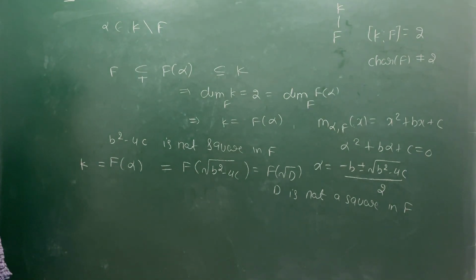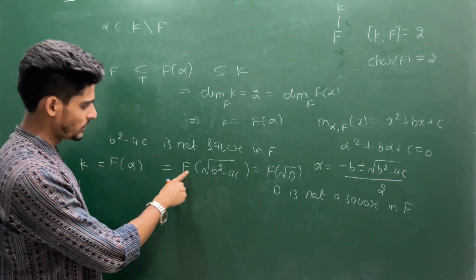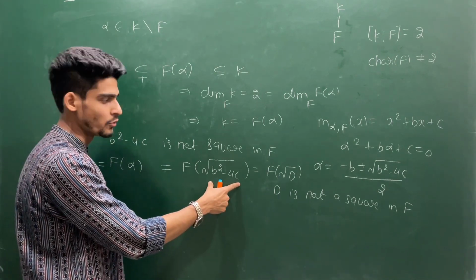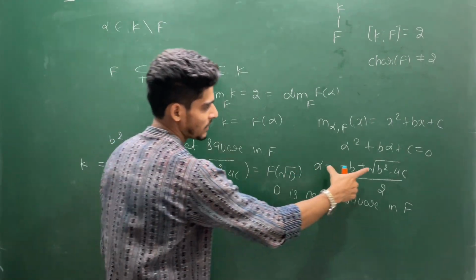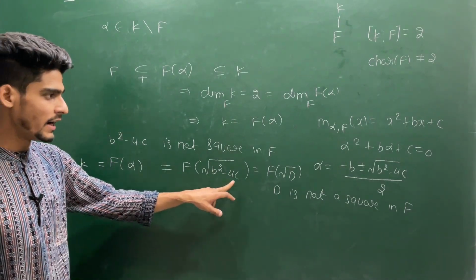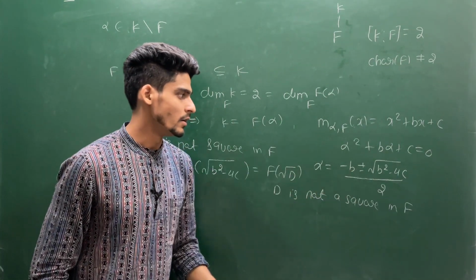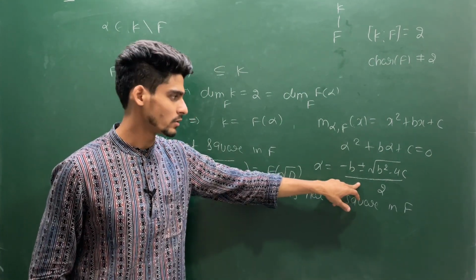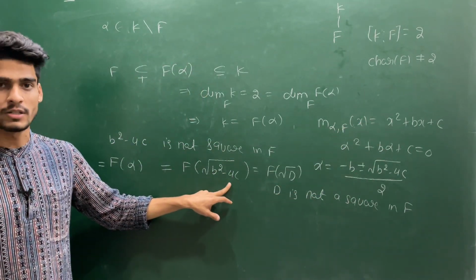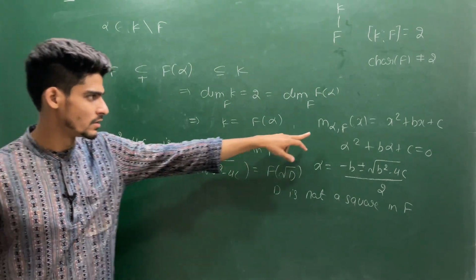Let's observe why these two fields are same. Clearly this F contains b, this F contains the square root of b square minus 4c. So this field must contain combinations of b and the square root of b square minus 4c, and these two are already available in F. So if you take the multiple of these two elements, it is again going to be inside this structure, because b is already there because of this polynomial.